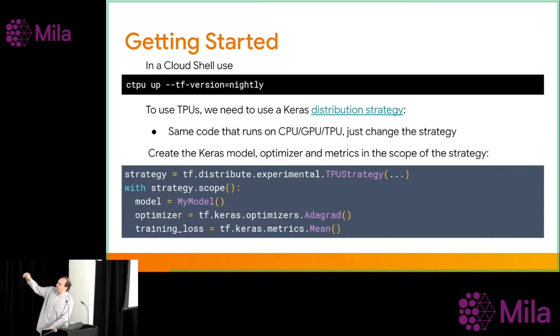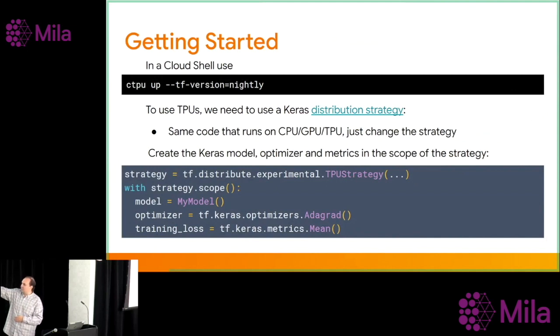Our advice is to use distribution strategies. The idea is that the same code is supposed to work on CPUs, on GPUs, and on TPUs. All you have to do is swap out the strategy. In this case, I'm creating this thing called TPUStrategy. You notice that it's in tf.distribute.experimental. Things are still in flux.